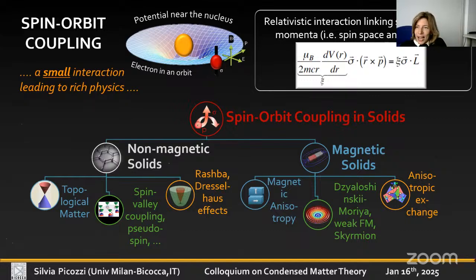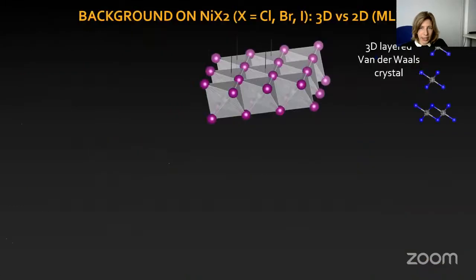The easy axis or easy plane is actually driven, in most cases, by spin-orbit coupling. And there are also some exotic exchange interactions that are microscopically driven by spin-orbit coupling that we will also see during the talk, such as Dzyaloshinskii-Moriya and Kitaev-like.